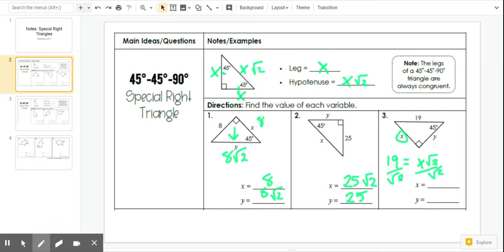So x is equal to this because these cancel out. And x is equal to 19 over the square root of 2. And since x is a leg, y is another leg, that's also equal to 19 over the square root of 2.